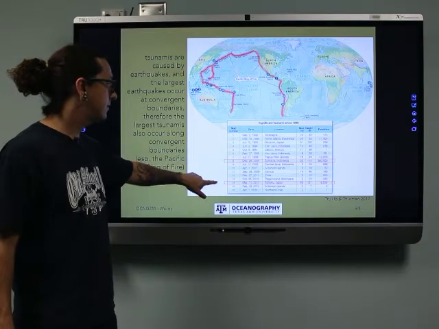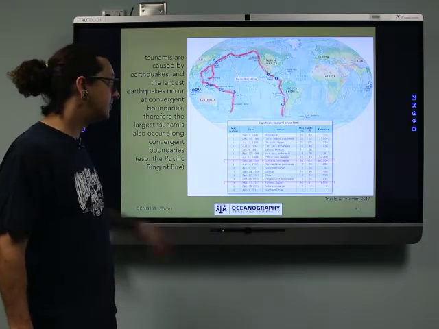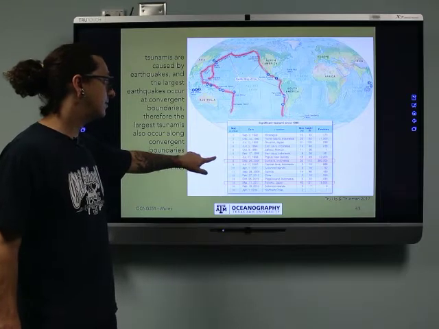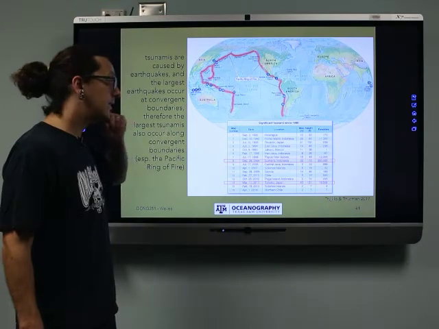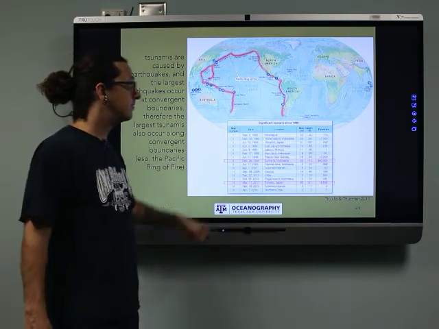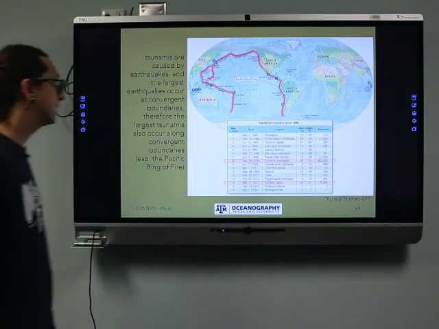Depending on what the final number turns out to be, in terms of death toll, 1,400 puts that as the third worst tsunami since 1990. So it was really horrible.